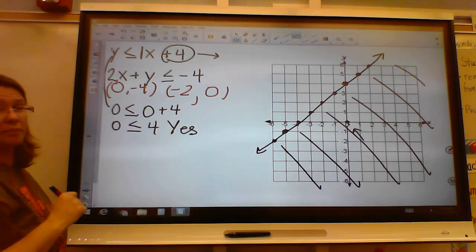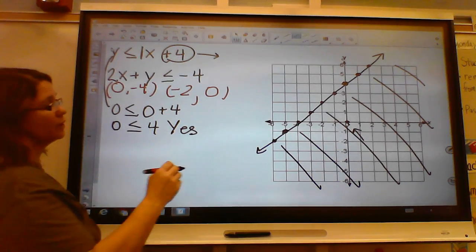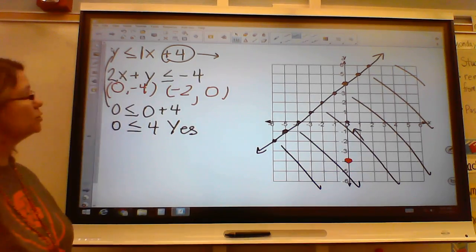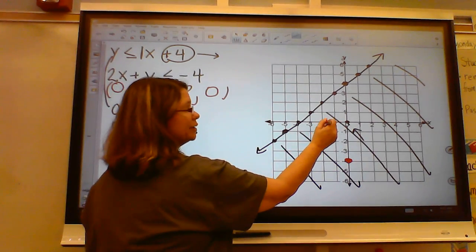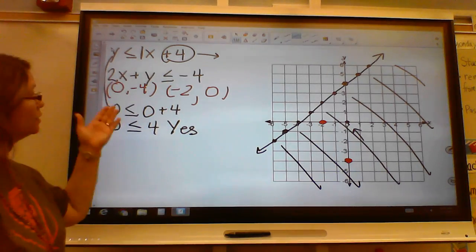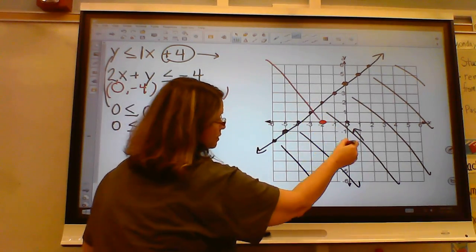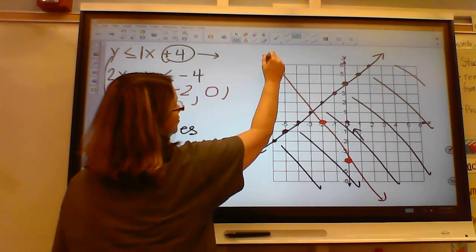I choose to do intercepts. So let's go plot these points. We're going to go to (0, -4) and put a dot. We're going to go to (-2, 0) and put a dot. And again, since we have already said this is going to be a solid line, I'm going to connect those dots and say that there is my line.